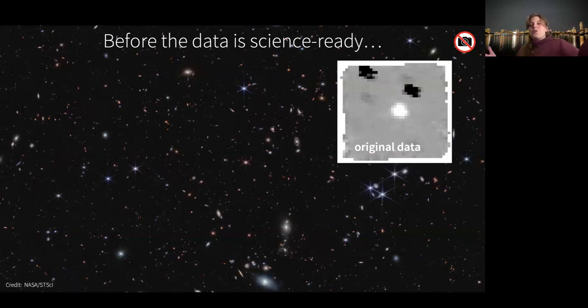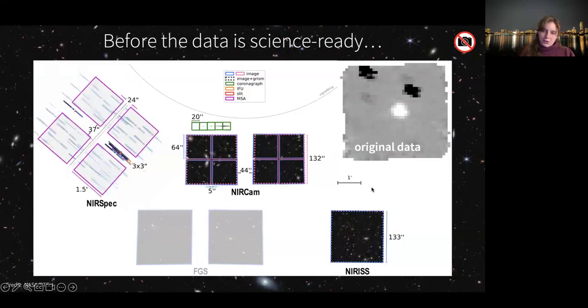And so the whole step that needs to be taken between taking the data and the data being science ready is that you need to take care of all these instrumental artifacts that by this point are fairly well understood. For example, let me illustrate this on this data, which I showed you before. This data was taken with the NIRSpec instrument, which sits somewhere over here.